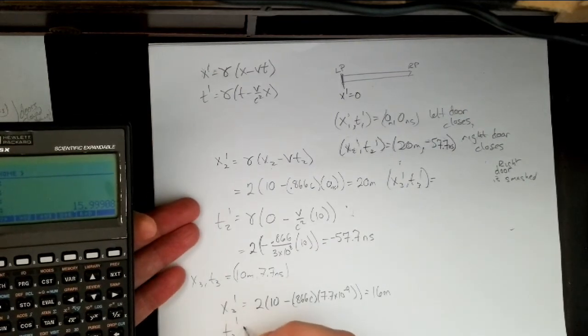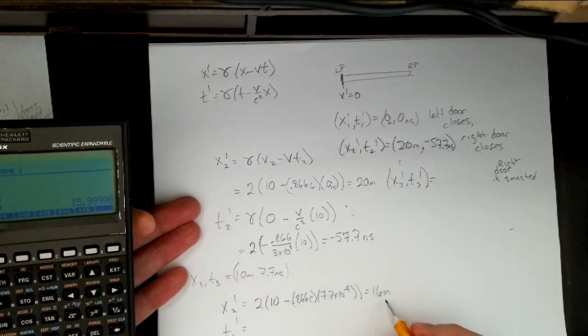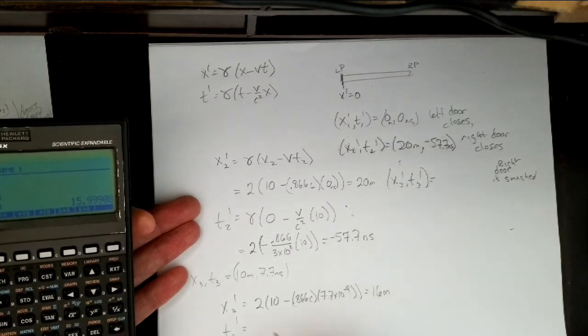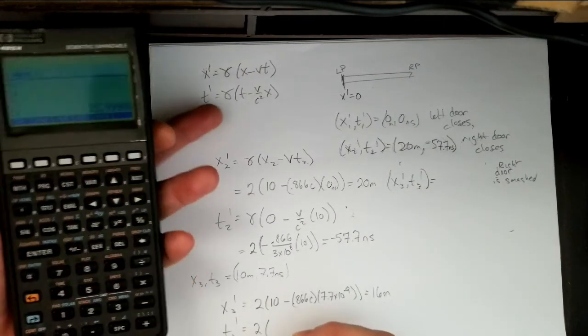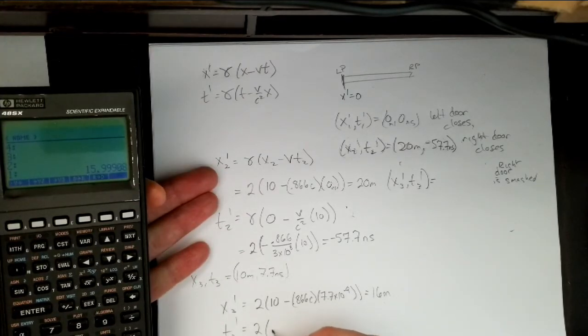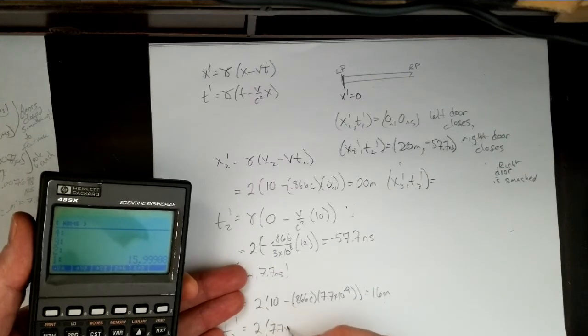Which makes sense because we set our convention when the left door closes and the pole is 16 meters long. So 16 meters makes sense there. And t3 prime becomes 2 times, again plugging into my formula up here, the time was 7.7 times 10 to the negative ninth, minus v over c squared, which is 0.866 over 3 times 10 to the eighth, times 10.